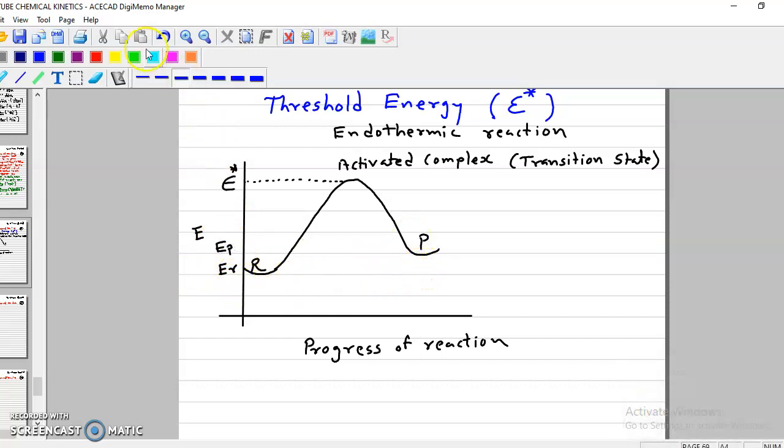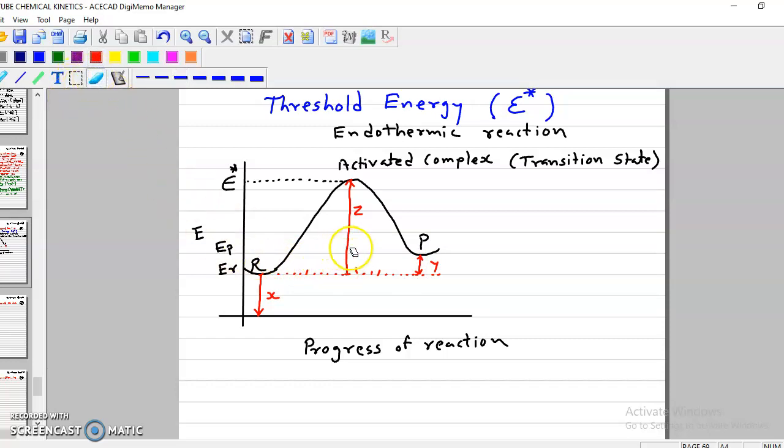Okay, so in this condition the energy of reactant ER, suppose it is denoted by X. This is the line through which we can find out energy of activation, and for that here we put this range as Z, and the difference of EP and ER we call it Y. Sorry, Z could be here also.